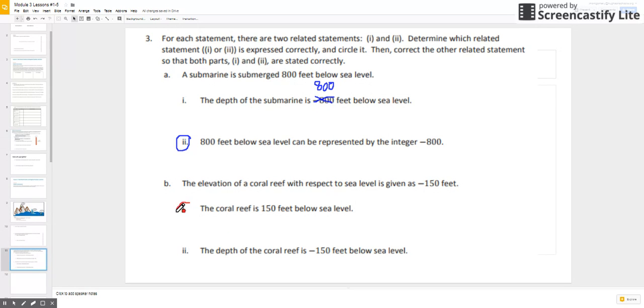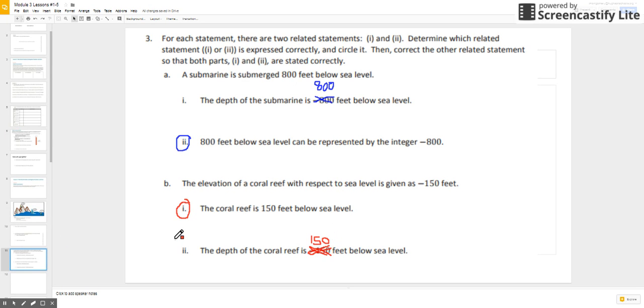Once again, this one is correct. It says 150 feet below sea level, and this one is incorrect for the same reason as above. We get rid of the negative 150 feet below sea level, and we just simply say 150 feet below sea level. All right, so hopefully those are the two corrections that you made.